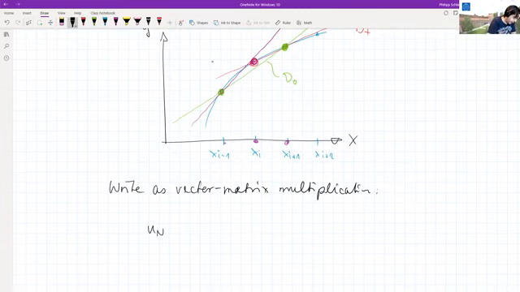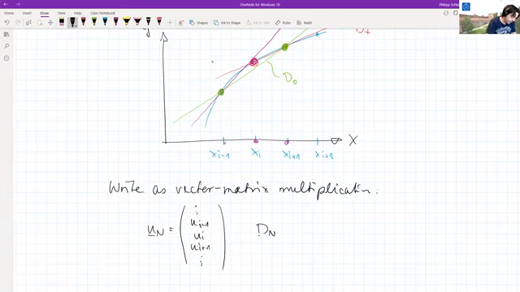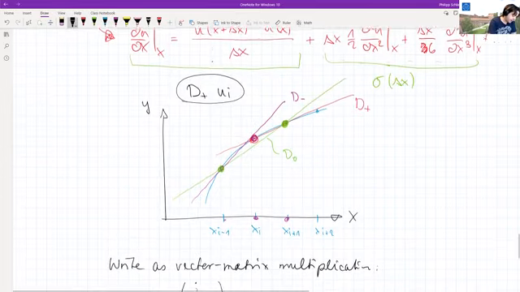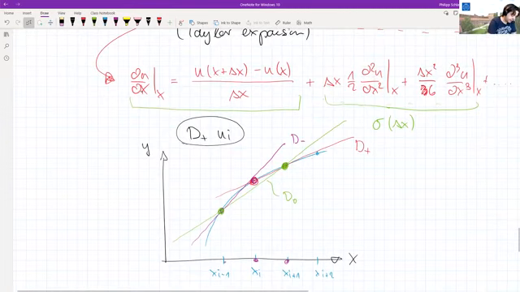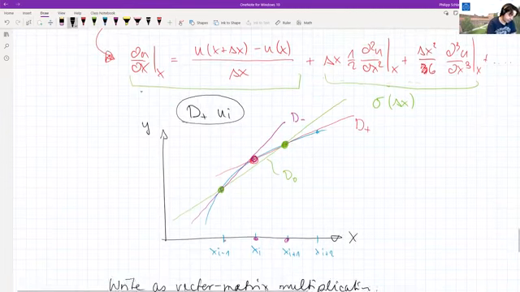So I define my vector of the unknowns, so they're my grid points essentially. That would be ui minus 1, ui, ui plus 1, and so on. And then I can define my D plus matrix, so that's my derivative matrix, which encapsulates exactly this operation, so taking the difference between these 2 grid points into a matrix form.